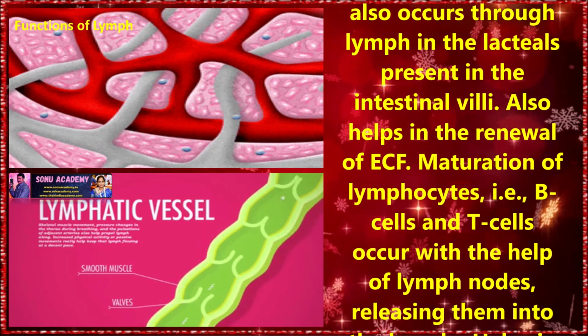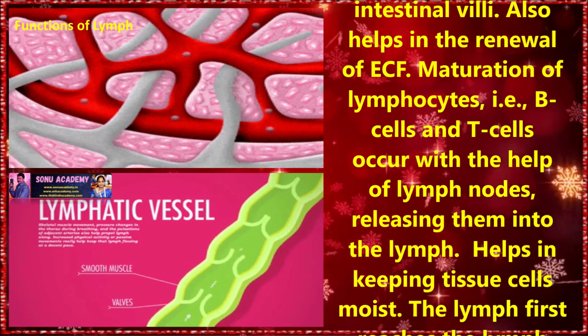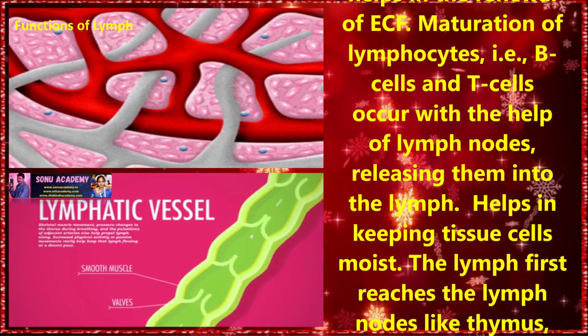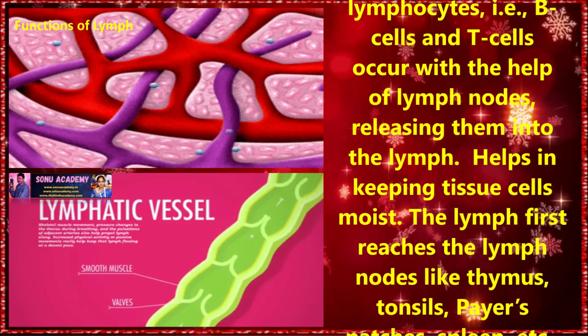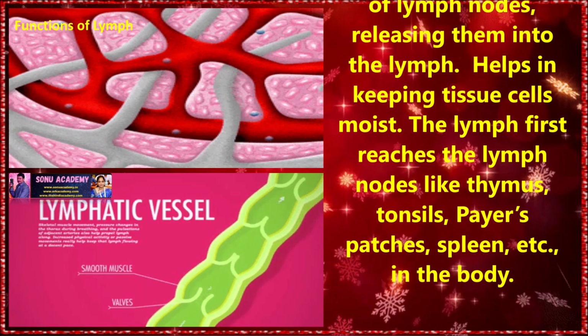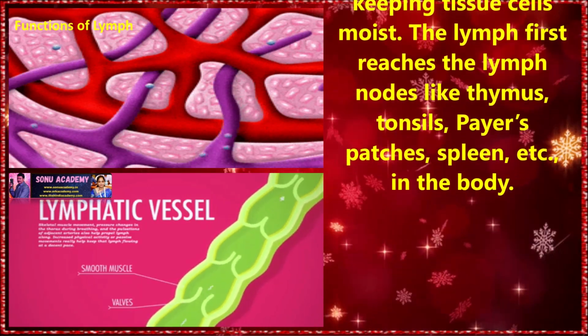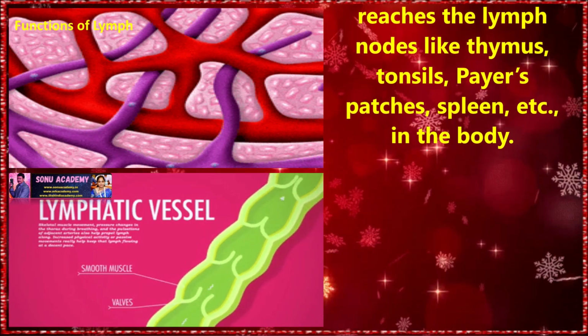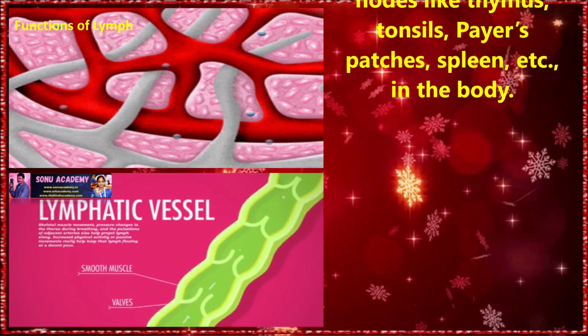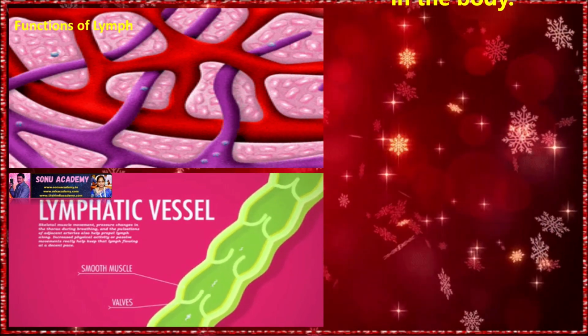Lymph also helps in renewal of ECF. The maturation of lymphocytes, that is B cells and T cells, occurs with the help of lymph nodes releasing them into lymph. It helps in keeping tissue cells moist. The lymph first reaches the lymph nodes like thymus, tonsils, Peyer's patches, spleen, etc. in the body.